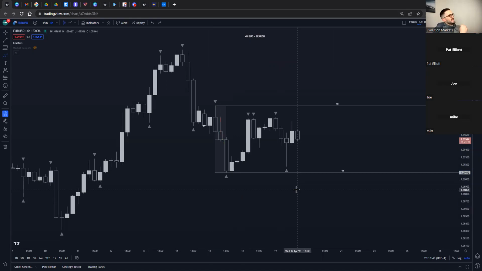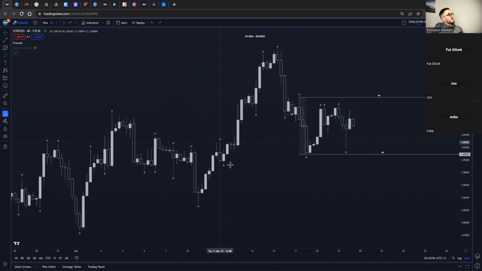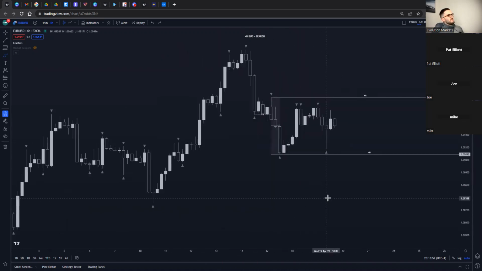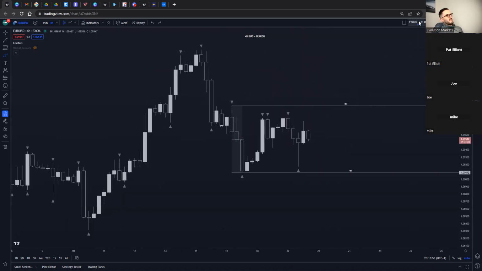You can look to capitalize on that. You'll pick that up from the testing. It doesn't happen very often, but when we're moving heavily, especially on EU, you can capitalize on those continuations inside session, of course.